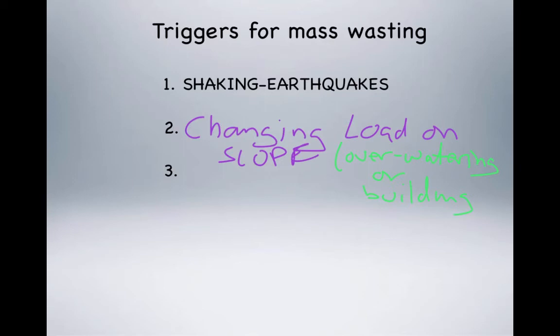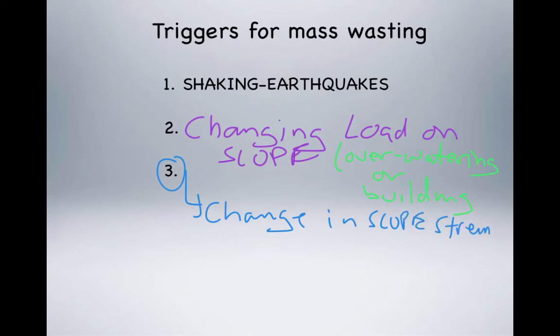Now, a second trigger for mass wasting is a change in the slope strength. And there are a number of different ways to change slope strength.